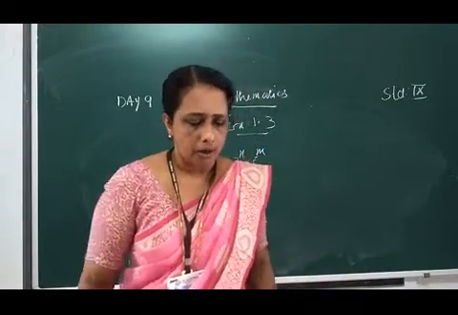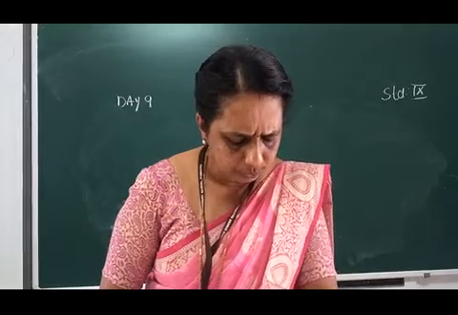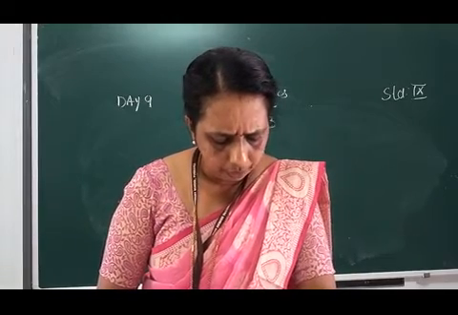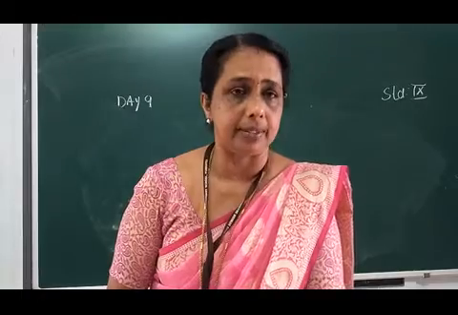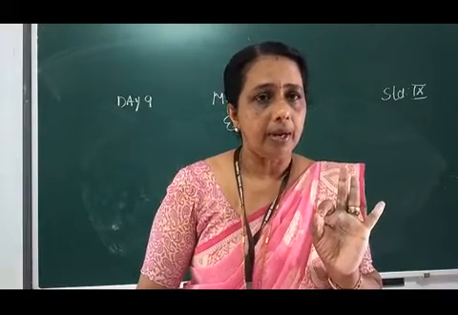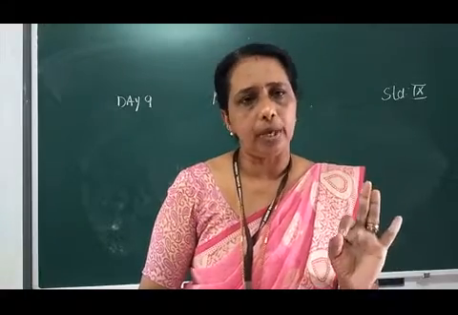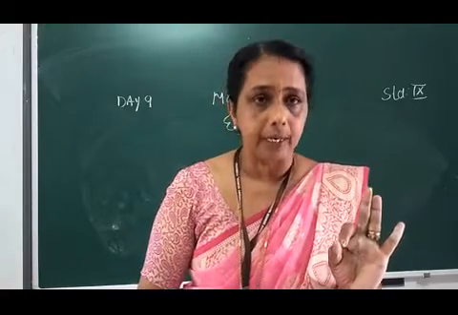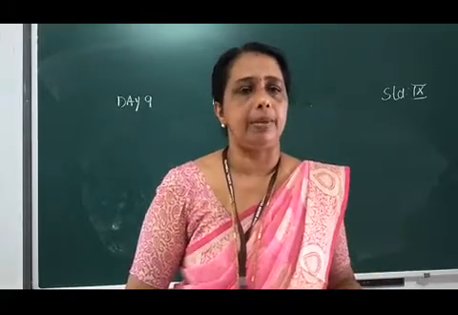Okay, in our exercise 1.3, first question: write the following in decimal form and say what kind of decimal expansion each has. There are 3 terminating decimal expansions. We already divide and find those decimals, and we have to show that these 3 rational numbers have terminating decimal expansions.